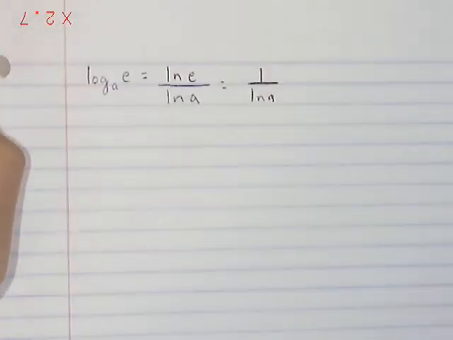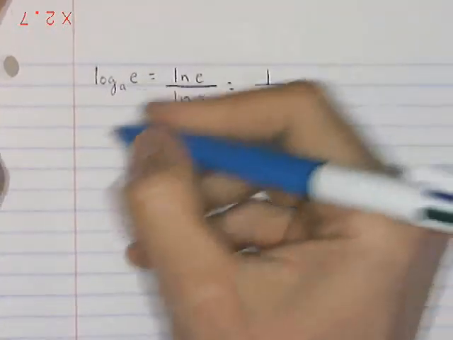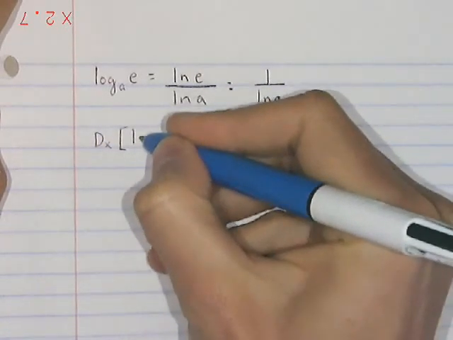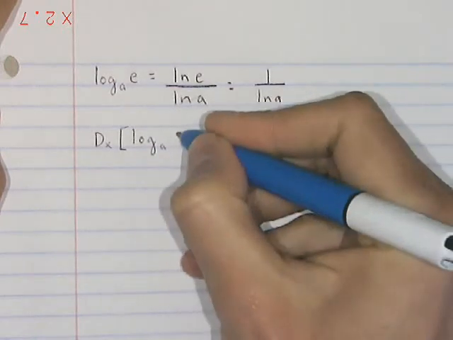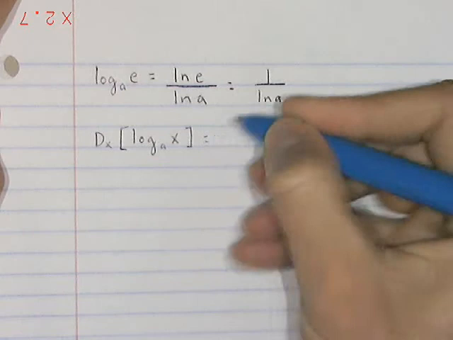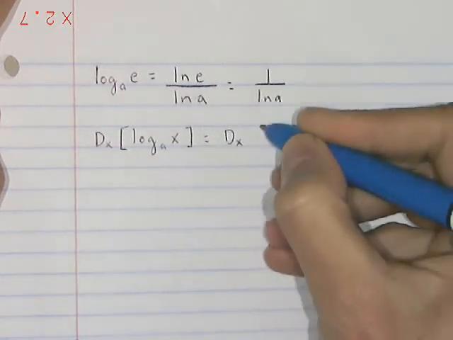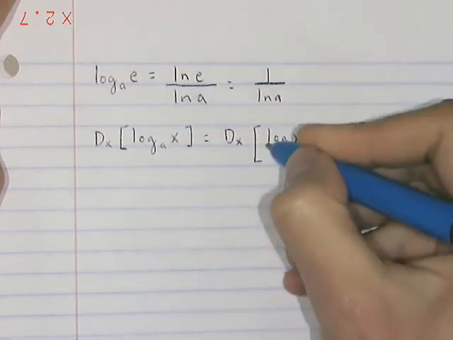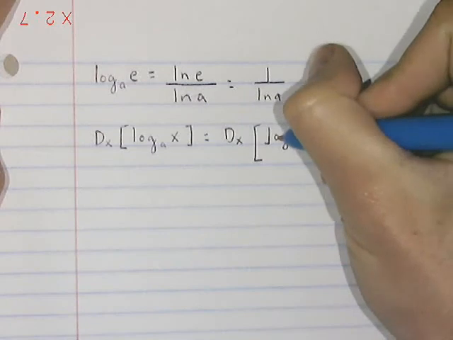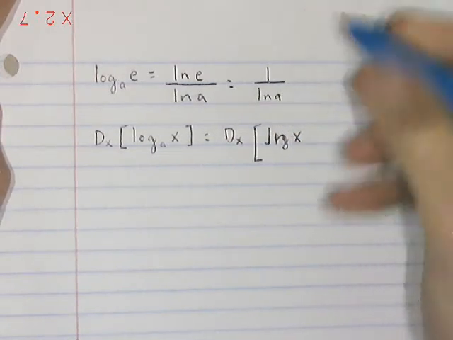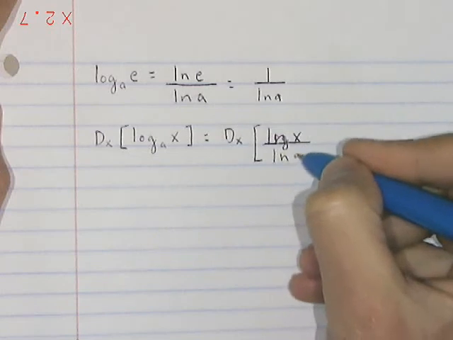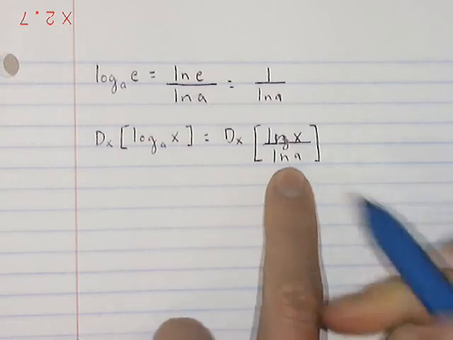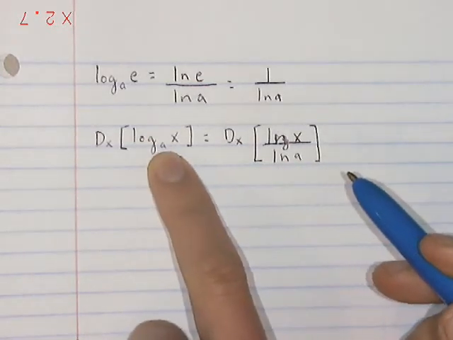So let's do that. The derivative with respect to x of log base a of x will be the same as the derivative with respect to x of the ln of x, sorry, I already screwed this up, over the ln of a. Okay, well, let's consider this right side for a second. a is just some real number.